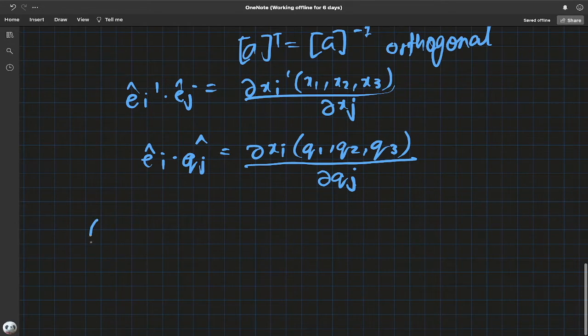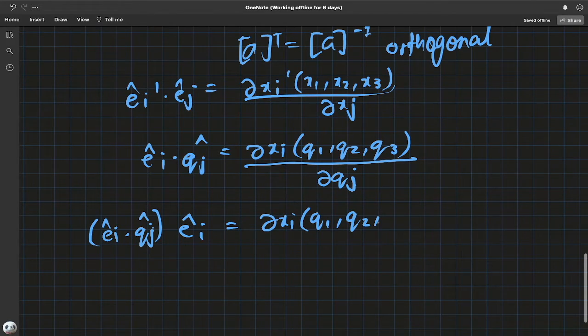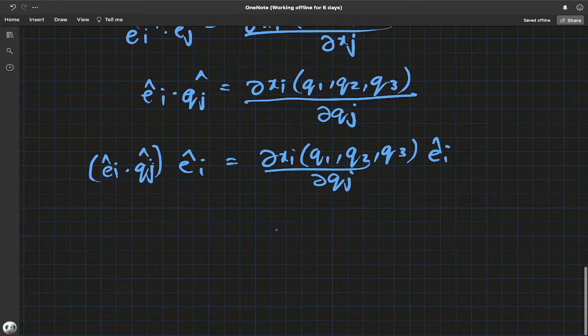So what we can do is multiply by a Cartesian basis vector up front, partial x sub i (q1, q2, q3) with respect to q sub j times e sub i hat, and now this just becomes the partial derivative of the position vector with respect to q sub j.